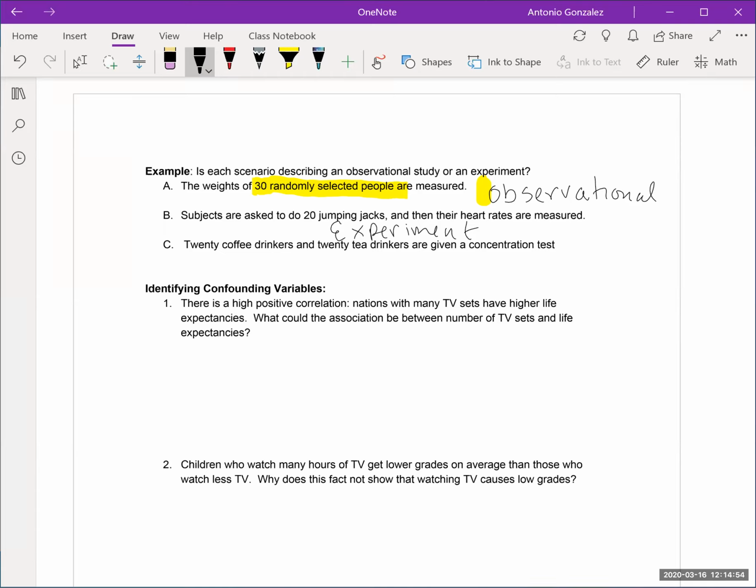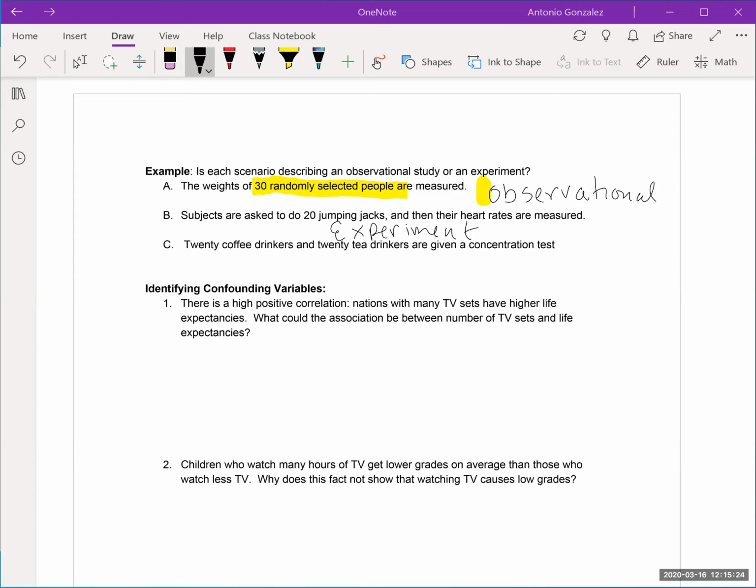Melody, you have a question? Good question. How is it observational? The reason it's observational is that we're not doing anything. We just pick some random people and ask if we can record their weights, and that's what makes it observational.